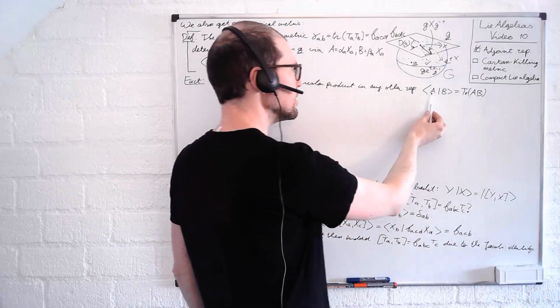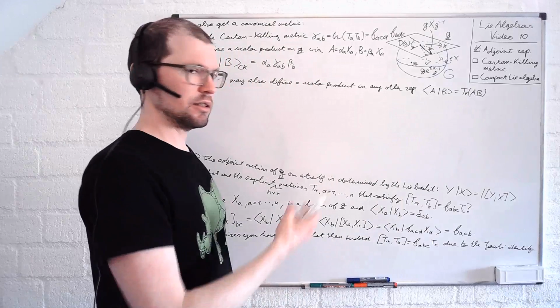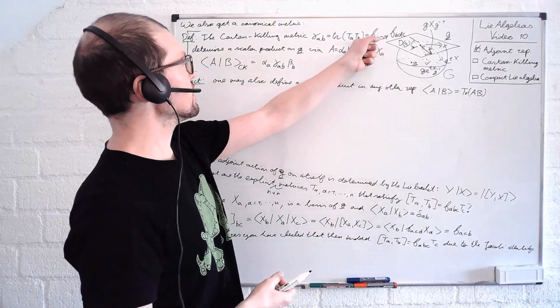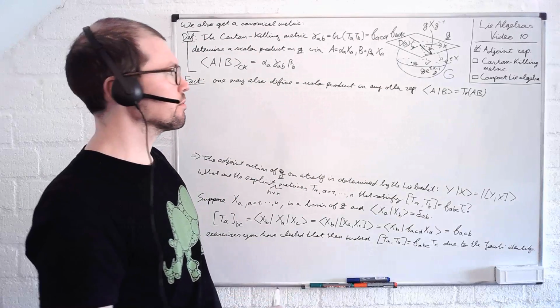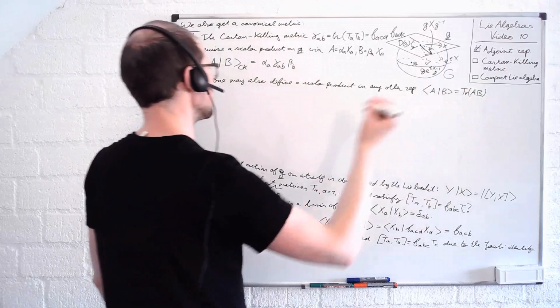In case A and B are really in the adjoint representation, so that they are little n by little n dimensional matrices, then this would be exactly the Cartan-Killing metric. But in a different representation in general, this will be different numbers.